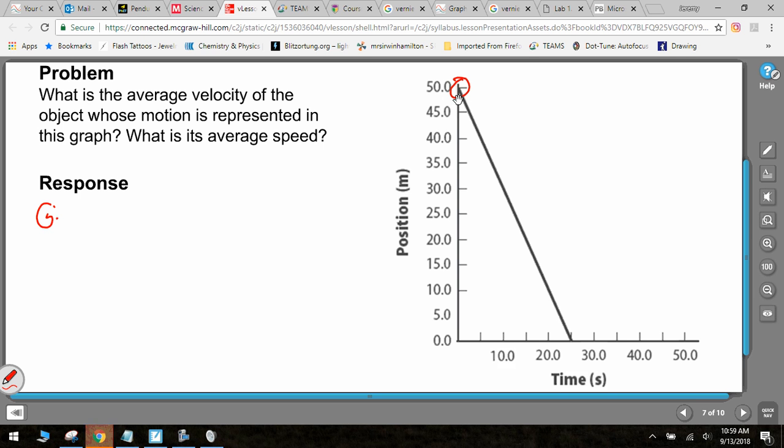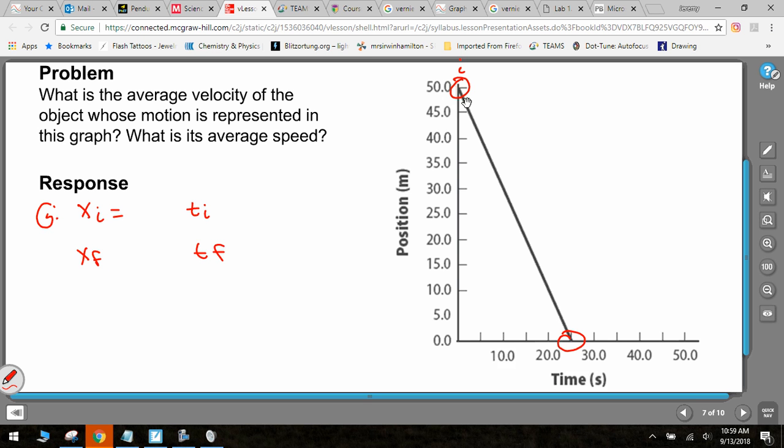And I'm going to choose this as my other pretty point way down here, because I can tell that it's exactly at 25.0 on time, and that my distance or position is 0. So what I can write is my x initial and my t initial, my x final, and my t final. Okay, so this is my initial point. Why did I choose this as initial?